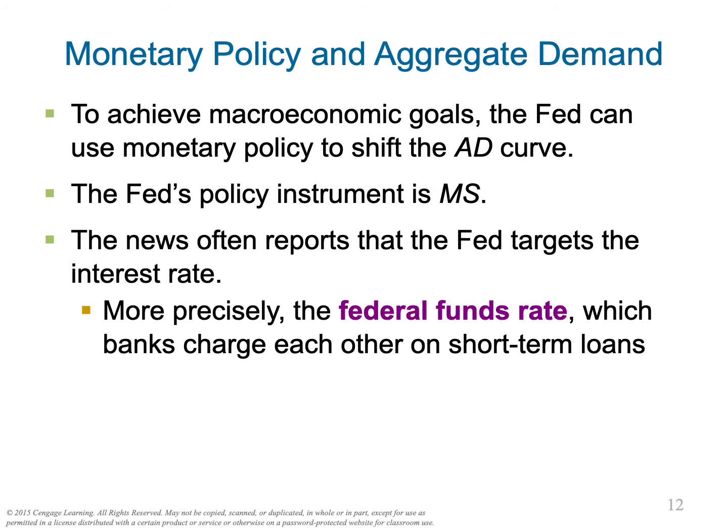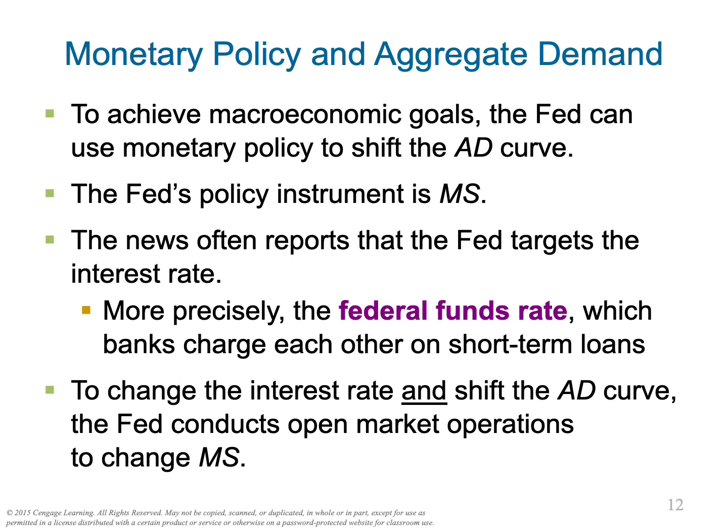And so if the Federal Reserve wants to change the interest rate and shift the aggregate demand curve, what the Fed does is it conducts open market operations that we've already talked about, right? The buying and selling of government bonds in order to change the money supply.